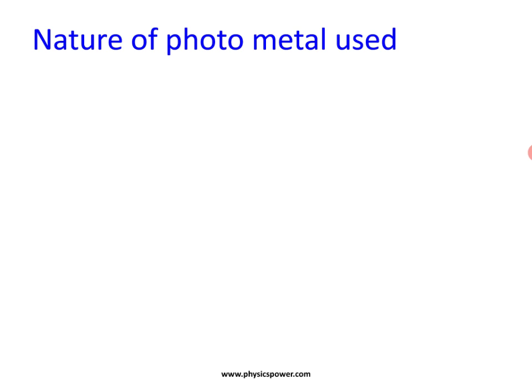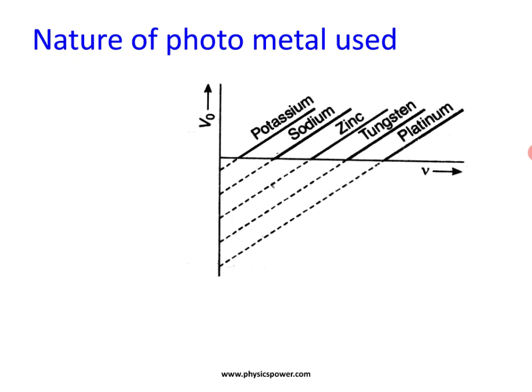Next, the last one, nature of the photometal used. I already said, if you use different metals, if those are group 1A, those metals will respond quickly to give the photoelectric effect. Why? Because the outermost electron is loosely bound to the nucleus, so even with a less amount of photon energy that electron can come out.